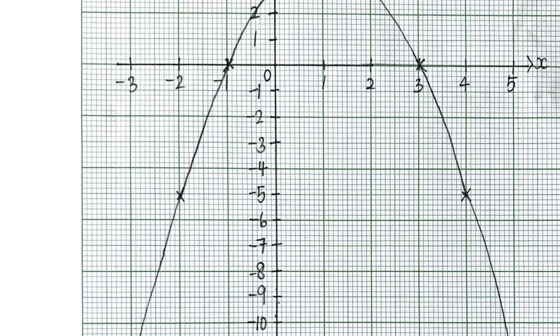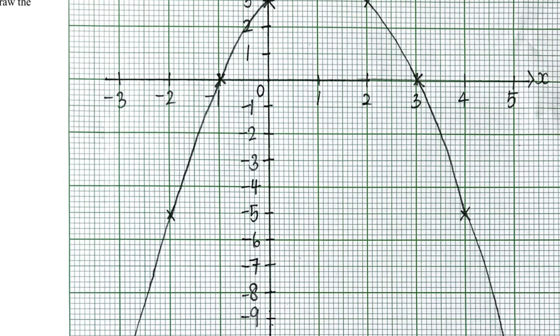So when x equals negative 1.9, we can see that the graph in my graph is about negative 4.5.